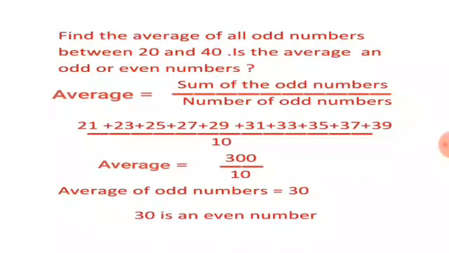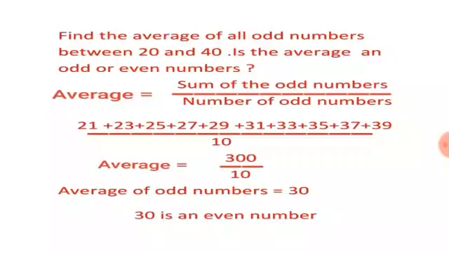Now next question is find the average of all odd numbers between 20 and 40. Is the average an odd or even number? First of all, we find the average of odd numbers between 20 and 40. First of all, we will write the formula to find average, that is sum of the odd numbers divided by number of odd numbers.